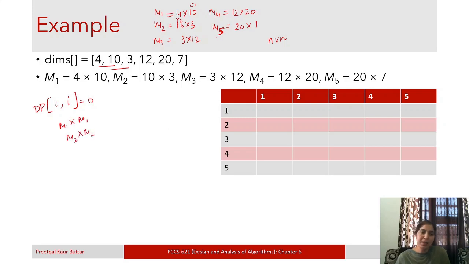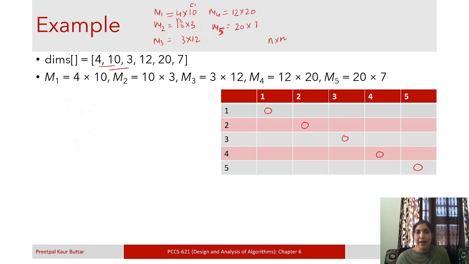We are not performing any multiplication, and as I wrote in the previous slide, the value of dp i comma j is 0 when you are not performing any multiplication. So we can simply make 1 comma 1 zero, 2 comma 2 is 0, 3 comma 3 is 0, 4 comma 4 is 0, and 5 comma 5 is also 0.